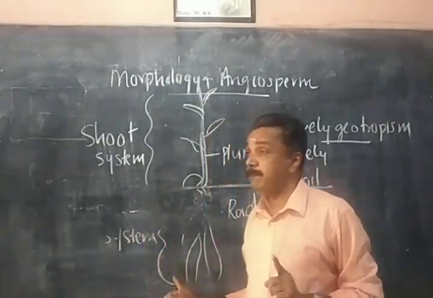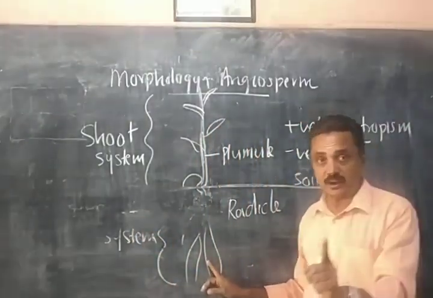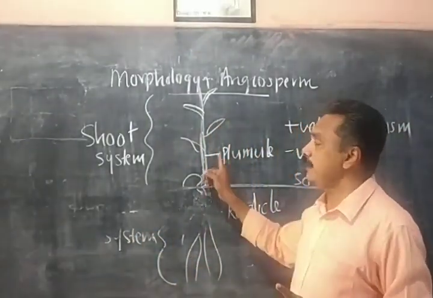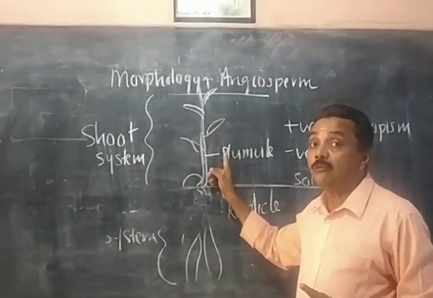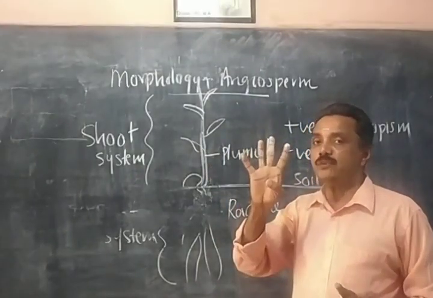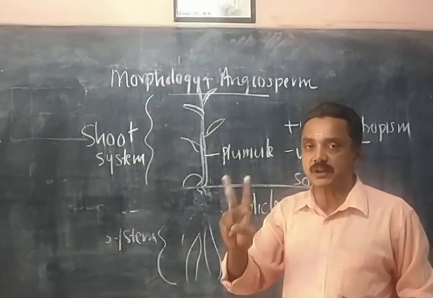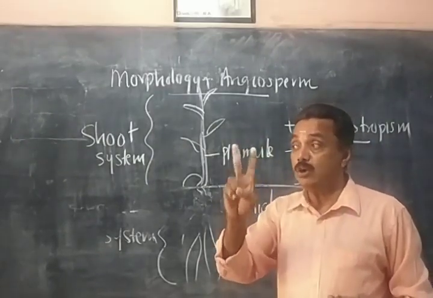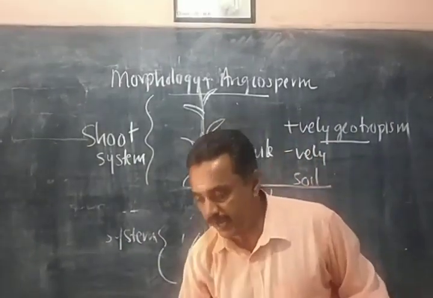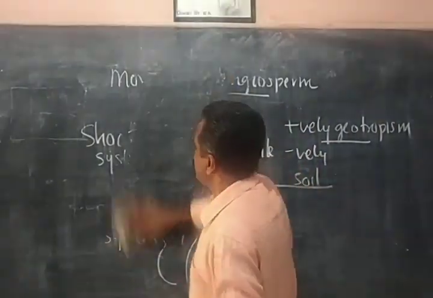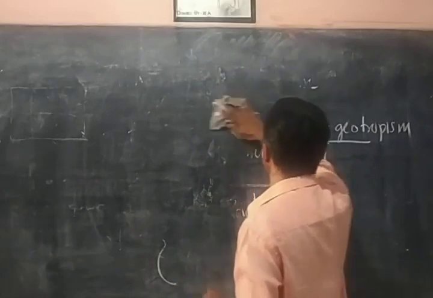So root system helps in fixation and absorption, but shoot system helps in reproduction and photosynthesis. So I have given four differences between root system and shoot system. A question carrying 2 marks, you have to write 4 points. Okay, then I will explain the structure, what are the parts of the shoot system, in detail.